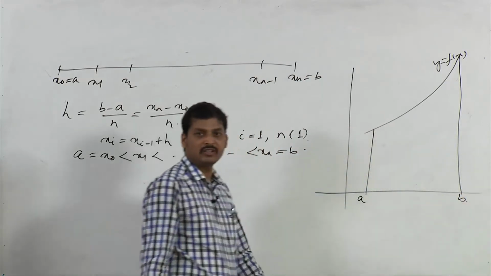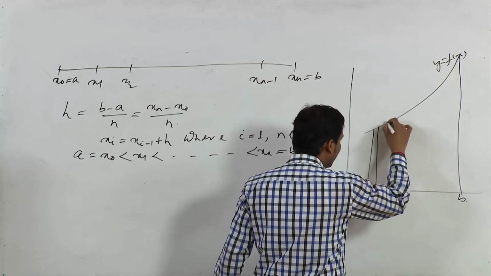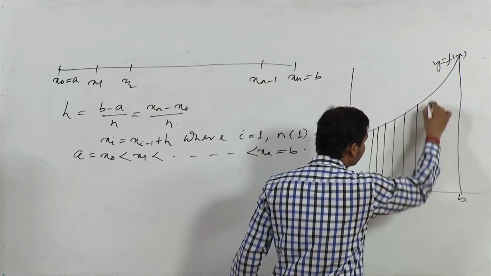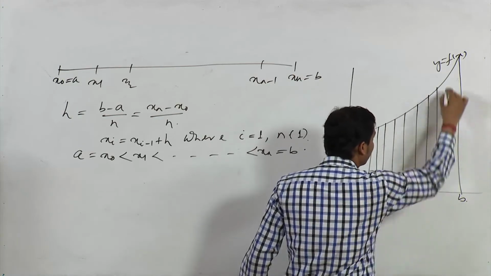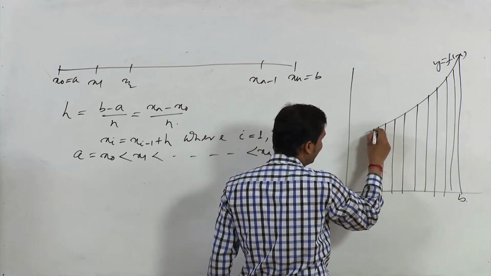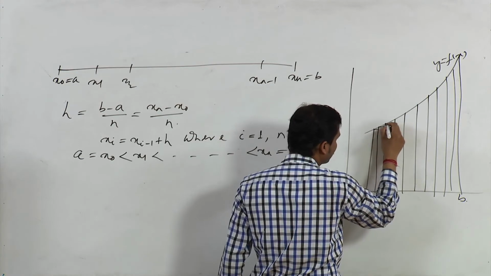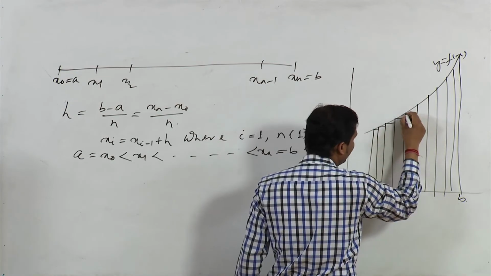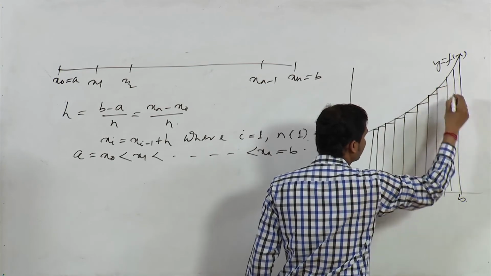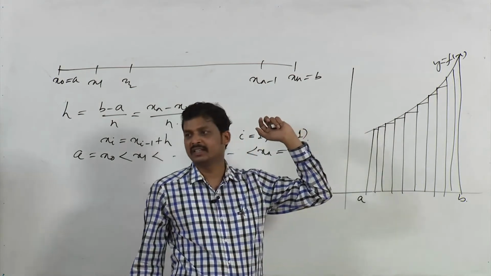Suppose we subdivide the total region into n sub intervals, and take each small section as a straight line, or we can draw perpendiculars at each of these points, since we are considering sufficiently close intervals. That is why the error of approximation should be minimized in this sense.